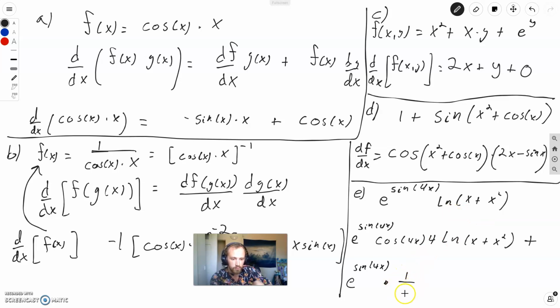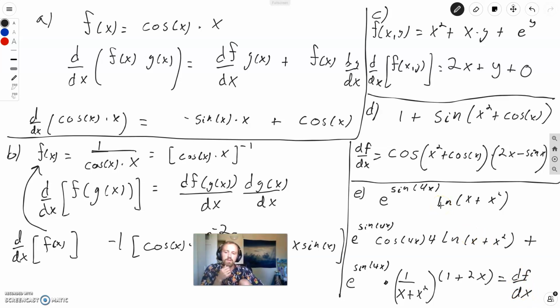So leave the inside alone, that's x plus x squared. You can see I was kind of jumping a step. So we have 1 over x plus x squared, multiplied by the derivative of the inside, which is 1 plus 2x. So this crazy term is df by dx.